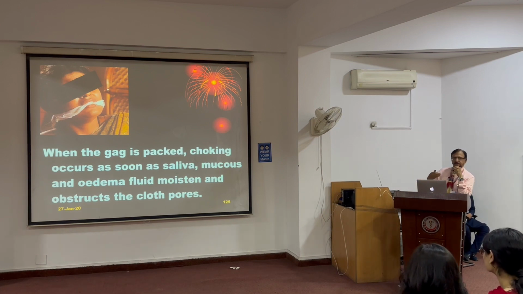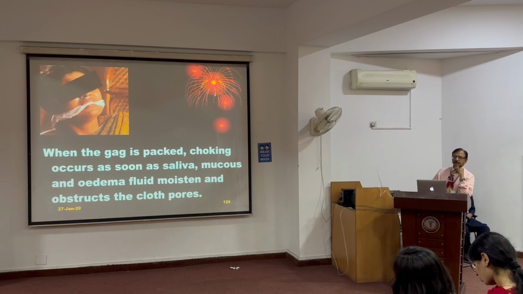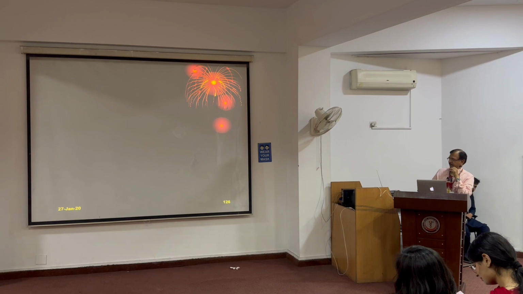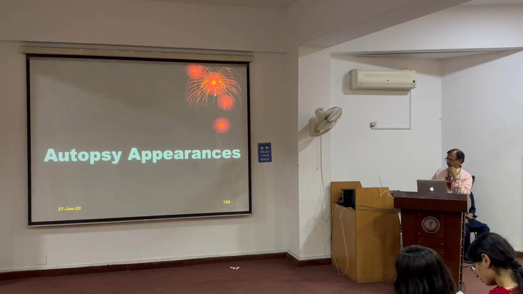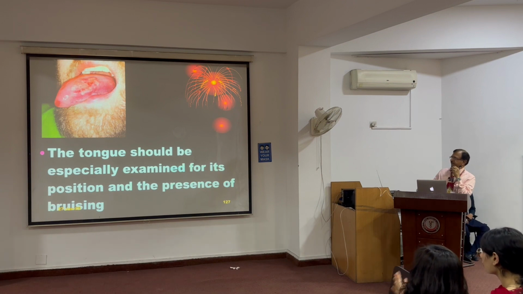So initially, through the small pores, the respiration will continue, but as soon as these pores are clogged up with the secretion, then asphyxia will occur. And in the autopsy findings, the tongue will be bitten because of the push of the piece of cloth.